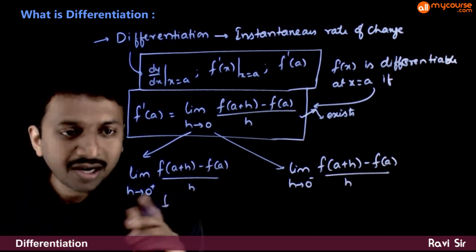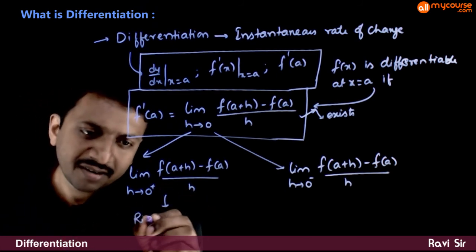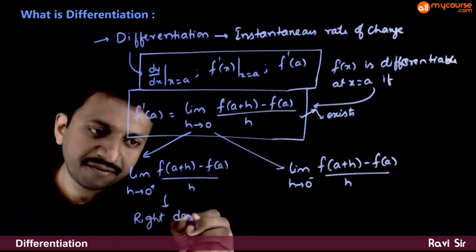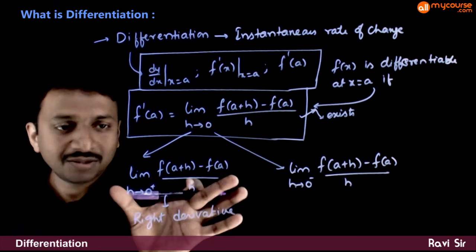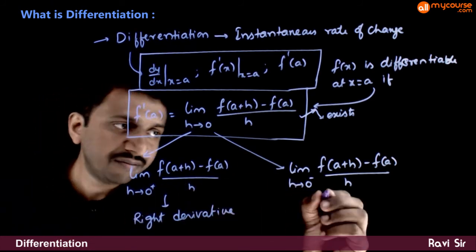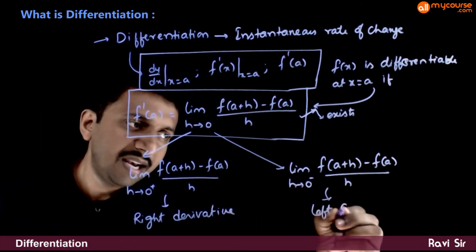So this is called the right derivative or the right differentiation. This limit is called the right derivative. This limit is called the left derivative.